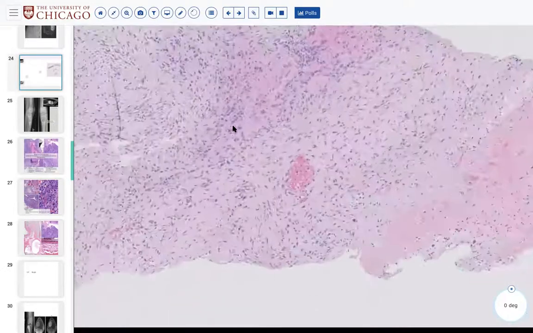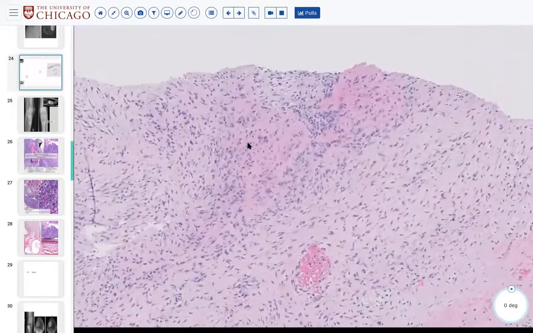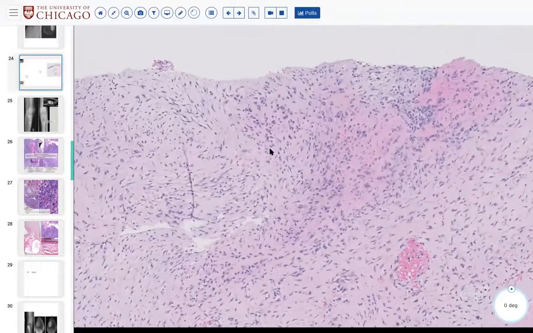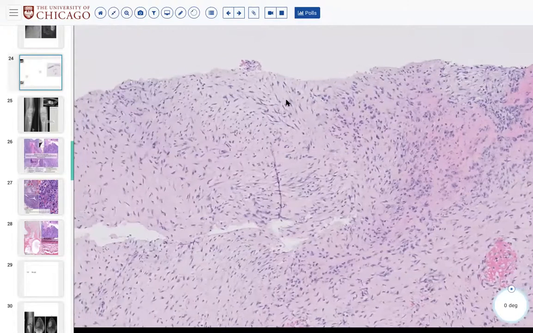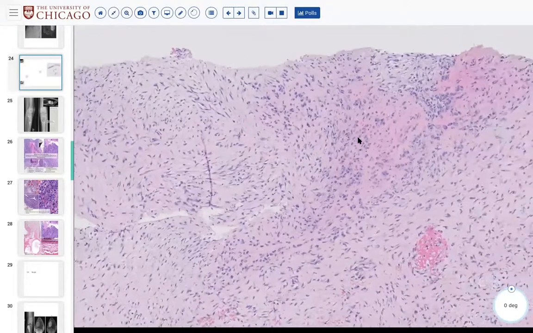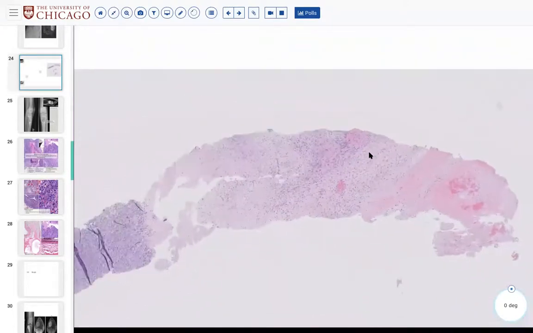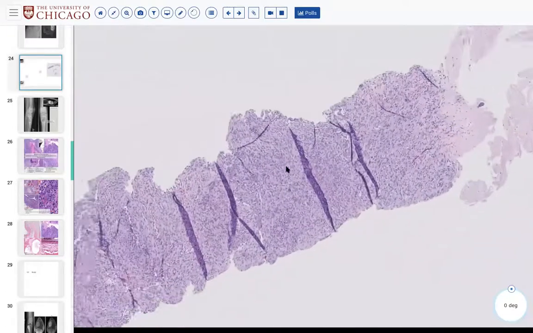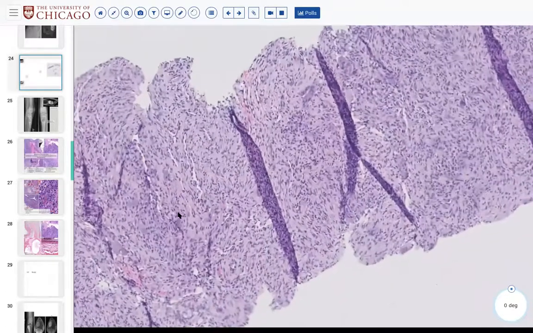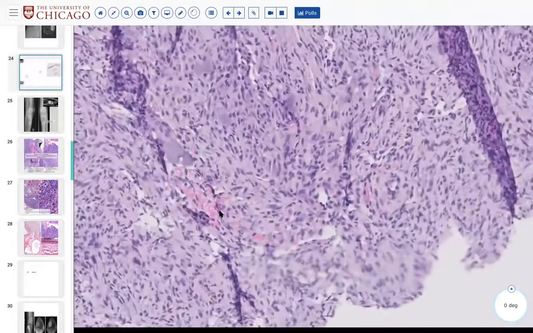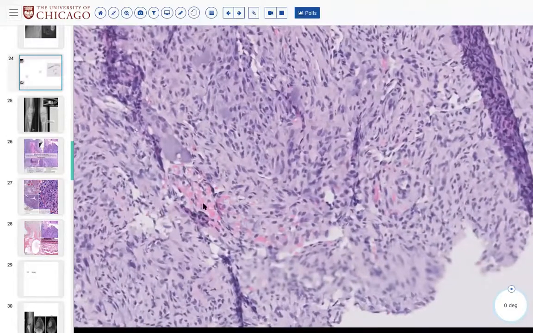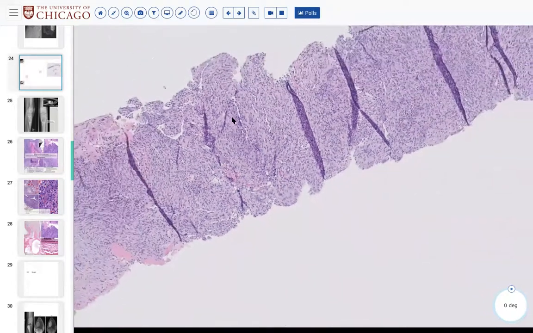You do get that kind of, I'm going to say it, nodular fasciitis-like stroma, right? Where you have these haphazard fascicles. You have even some, where did I see it? I saw some nice extravasated red cells. Yep, out here, right? So that same nodular fasciitis-like stroma that you see in true nodular fasciitis, you see in this lesion.